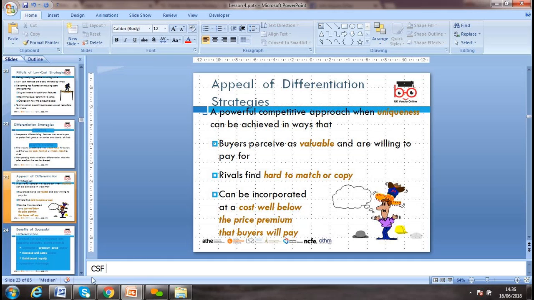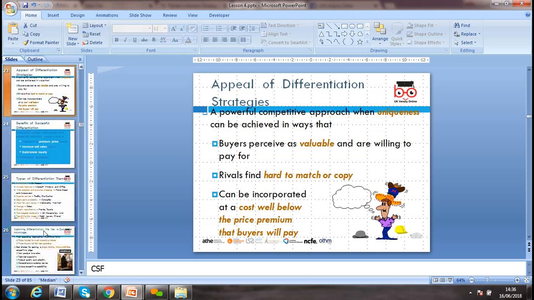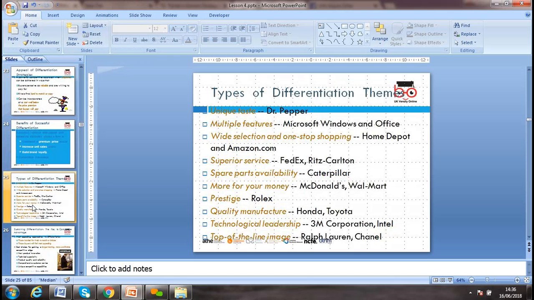Okay, so next, types of differentiation. Like unique taste, Dr. Pepper, which is a drink. Multiple features, Microsoft Windows, that's a differentiation. Wide selection and one-stop shopping, Home Depot and Amazon.